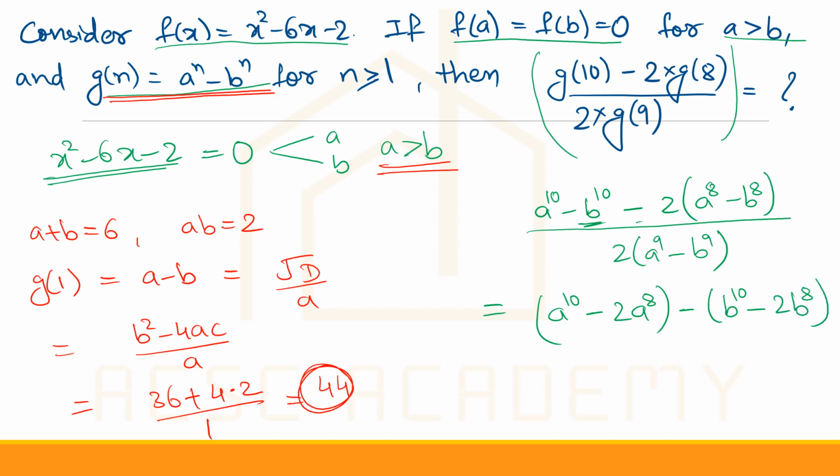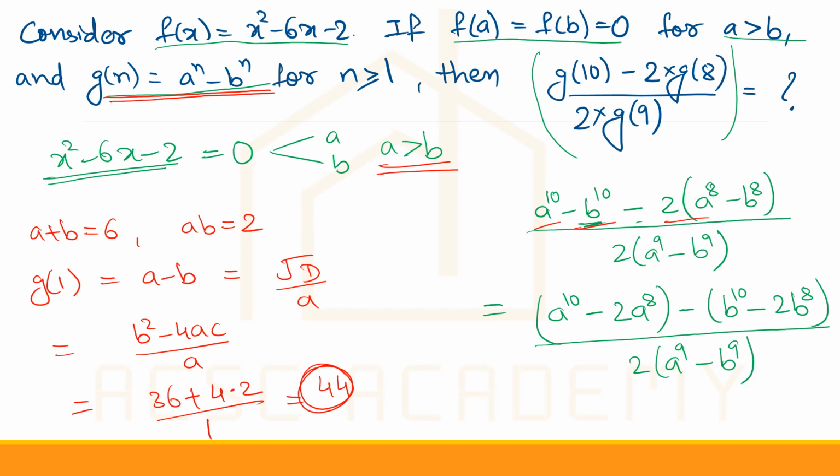This is what we are getting. Let us verify. a raised to 10 minus 2a raised to 8, fine. This is minus, that becomes plus. So yes, this is what we get. Denominator is 2 times a raised to 9 minus b raised to 9.